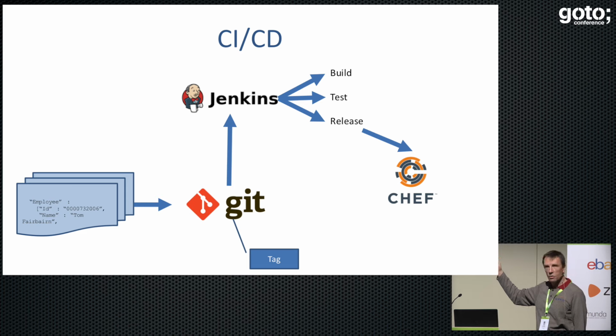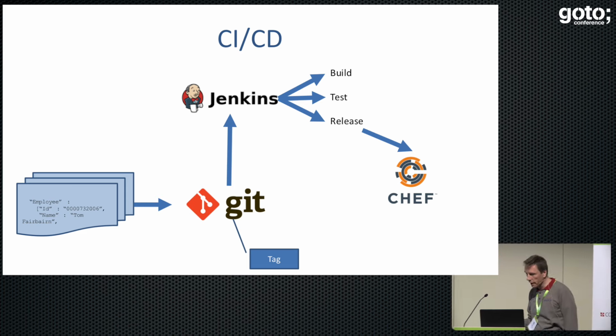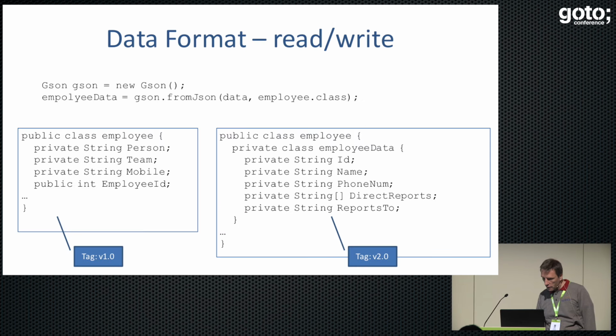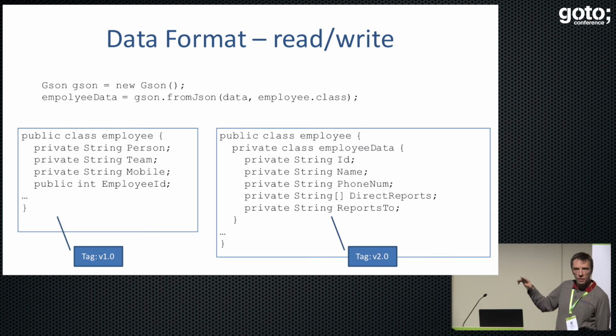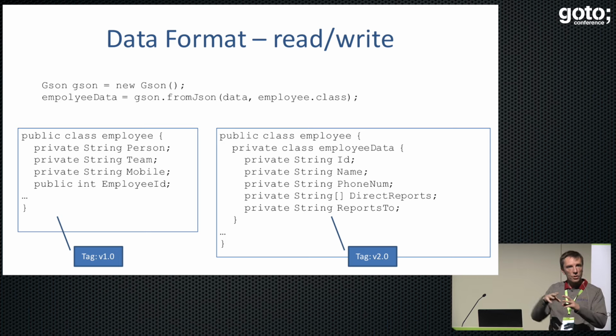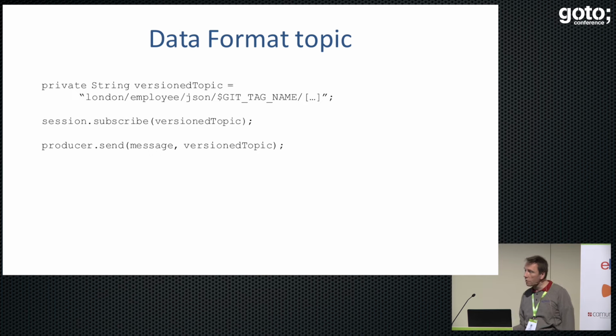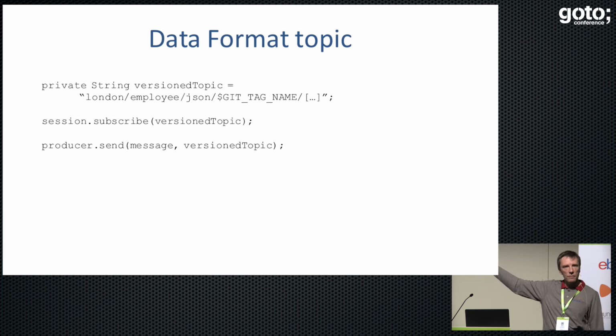And then when we come to do our build, we can use that tag. And here's how we do it. In this case, I'm using JSON. So we tag our class, which in JSON terms means that by tagging the class, we're then tagging the data format. And then what we can do is take our Git tag name and add it to the topic.